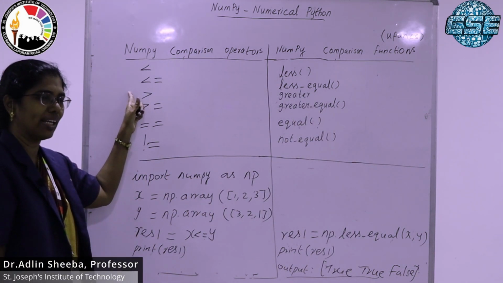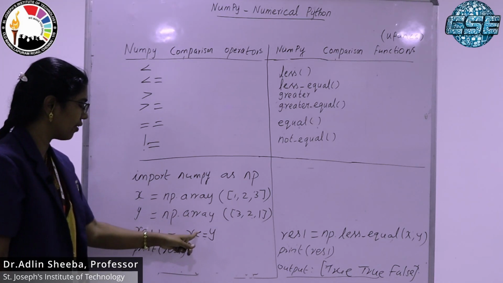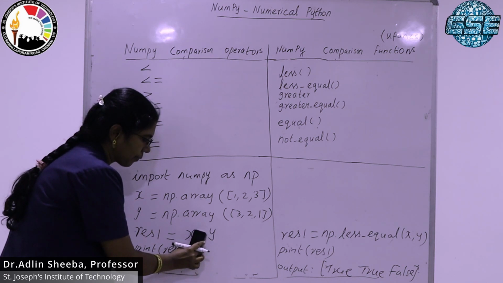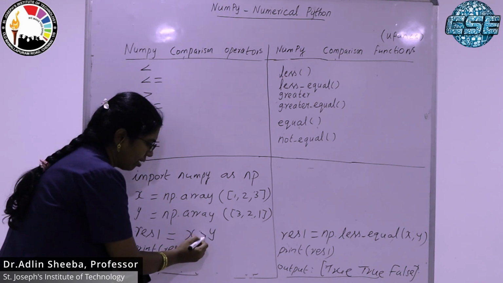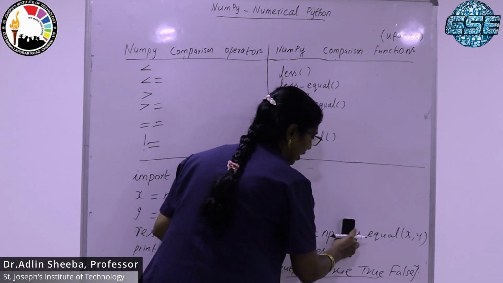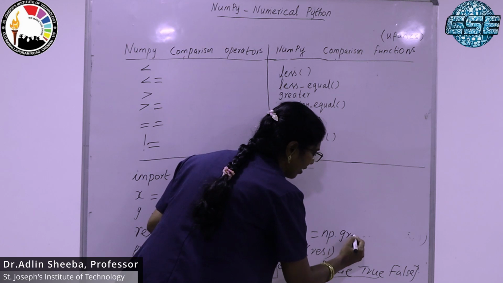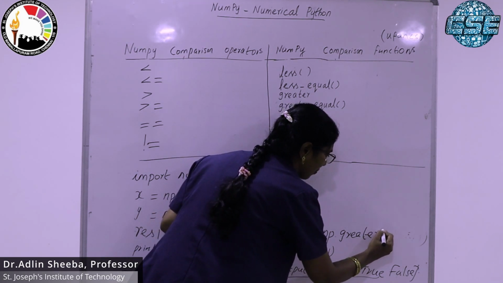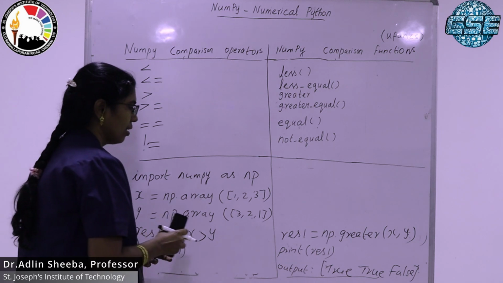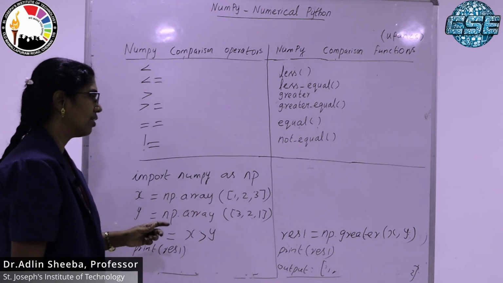And the third one we have is greater than. Okay. So now instead of using less than or equal to, here I am putting the greater than symbol. And here for this corresponding ufunc, we are taking np dot greater of x comma y. Okay. So now let us see the output for this.